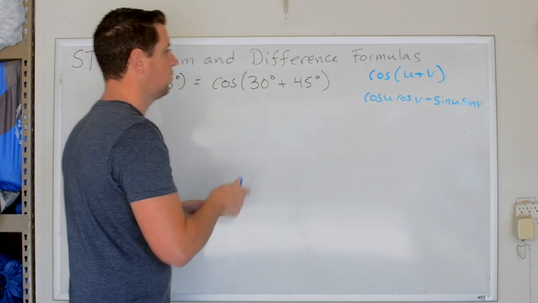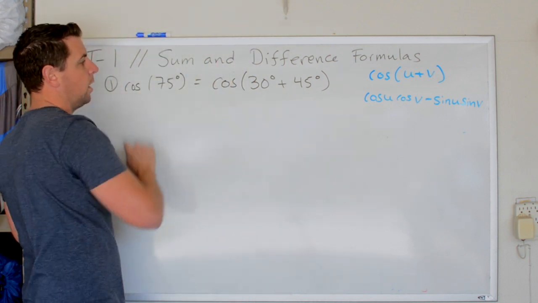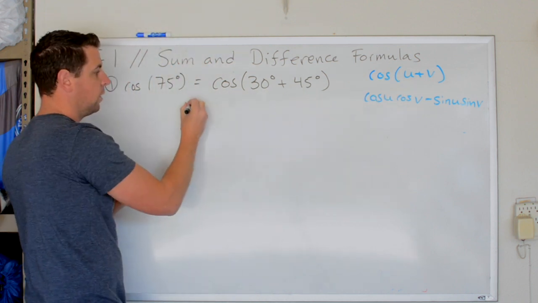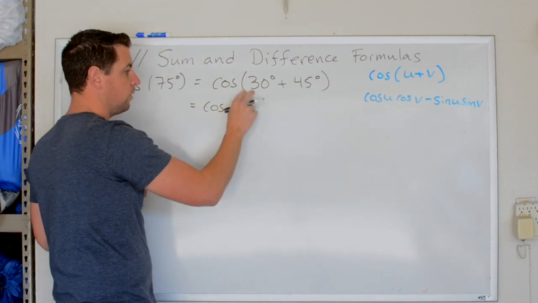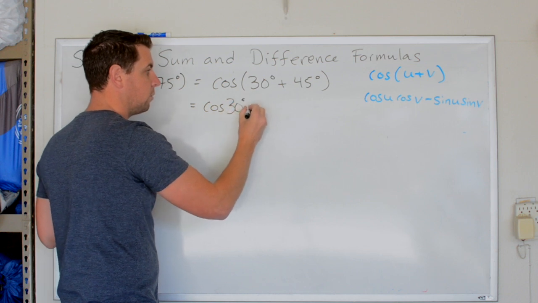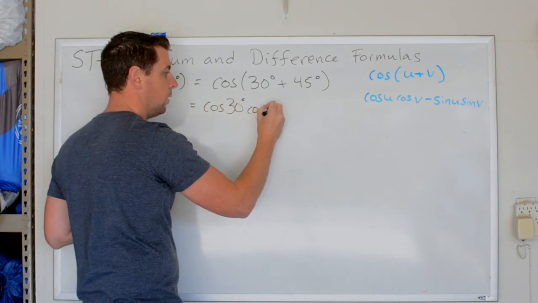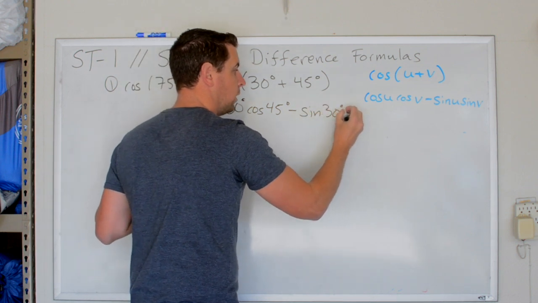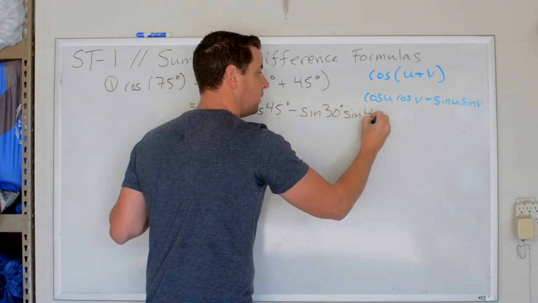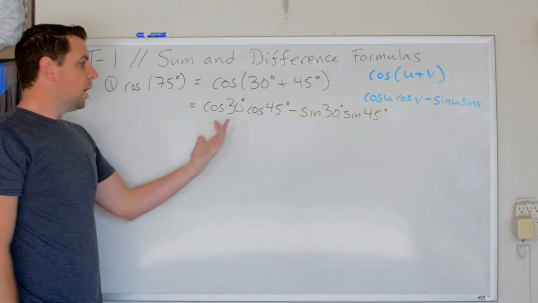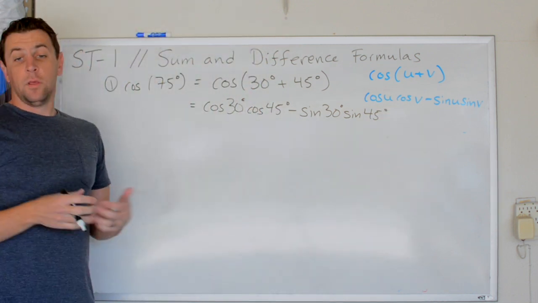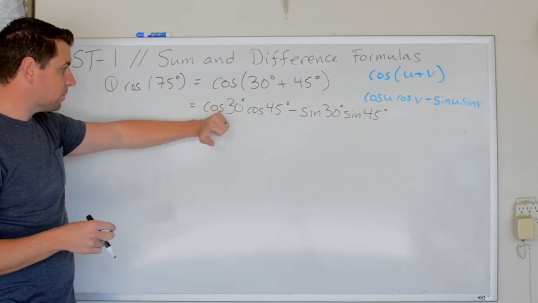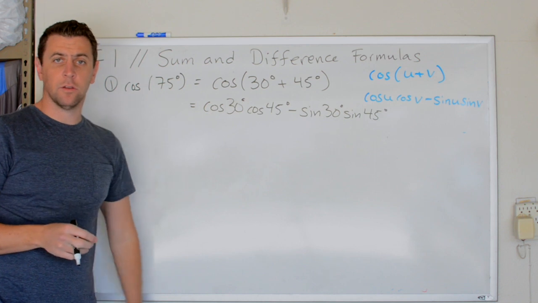Okay. So when I do that here, my u again is taking on the 30 degrees and my v is taking on the 45 degrees. So this will equal cosine of u, 30 degrees, times cosine of v, minus sine of u, times sine of v. At this point now we've used the formula, and all we have to do now to get this value is to evaluate each of these individual numbers on the unit circle.